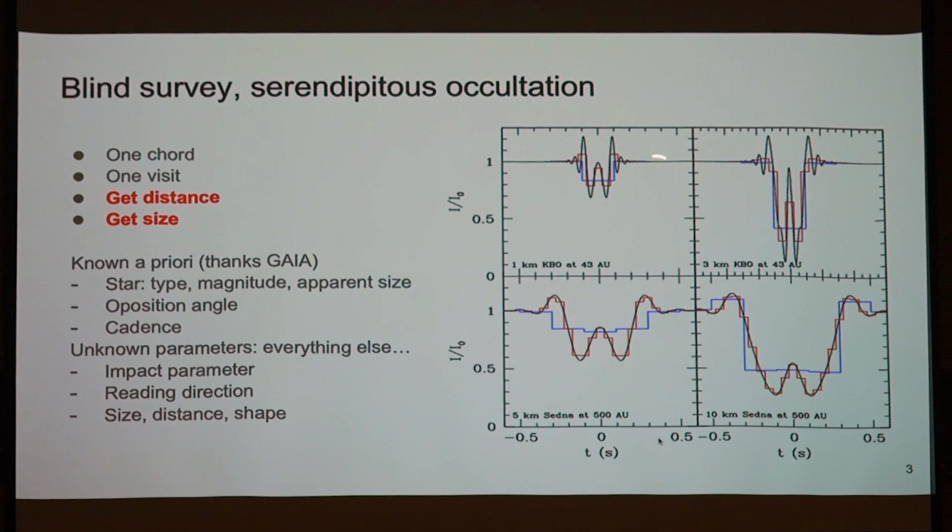So just to highlight what Matt already said, distance and size are entangled. The greater the size, the larger the object, the deeper the profile. However, when we go far away, like 500 AU, we will get a shallower profile.